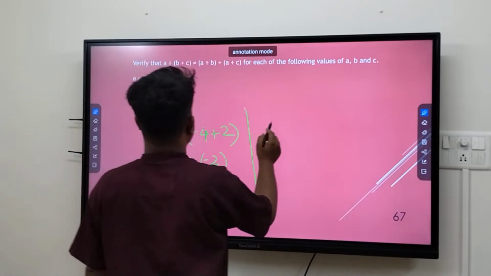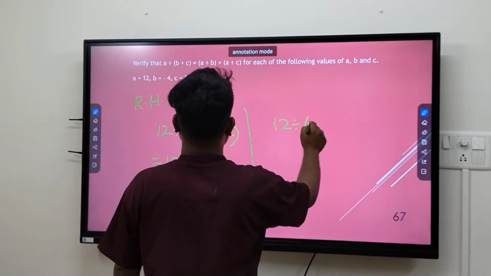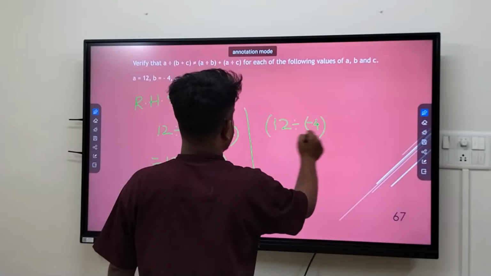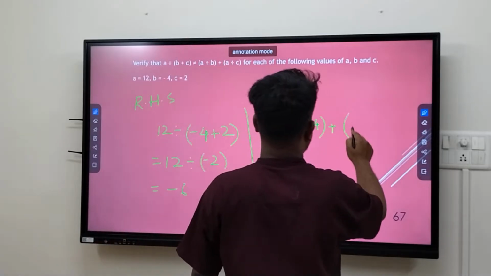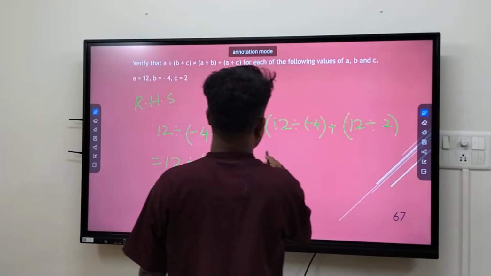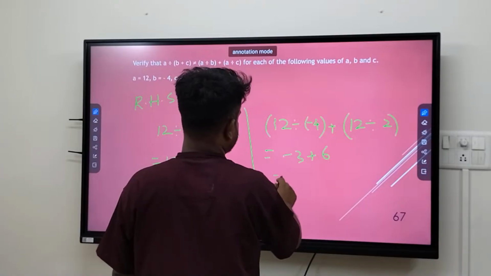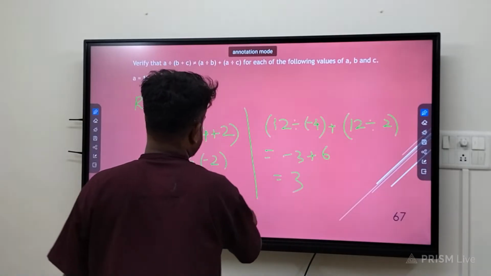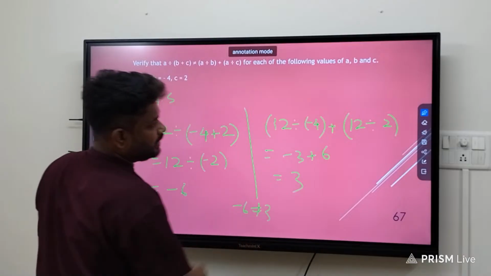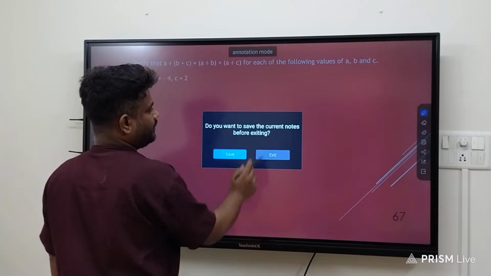And if we do this again here, 12 divided by minus 4, and then add 12 divided by 2, the answer will be minus 3 plus 6, that is 3. So are minus 6 and 3 equal? No, they won't be.